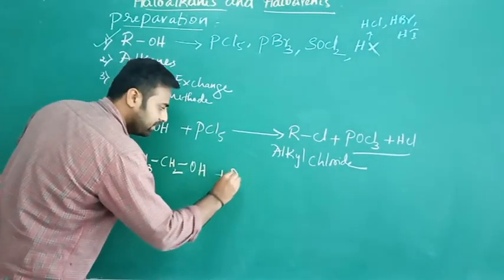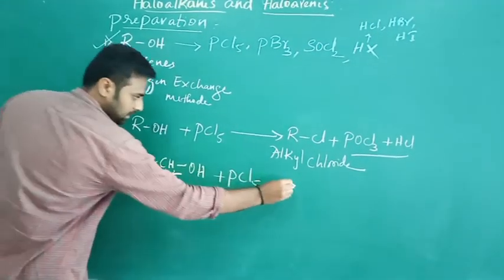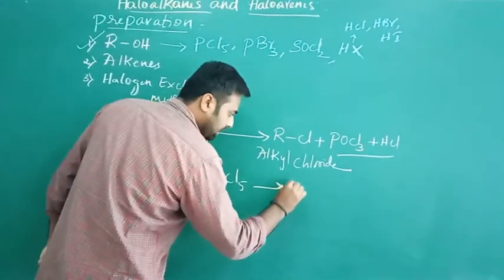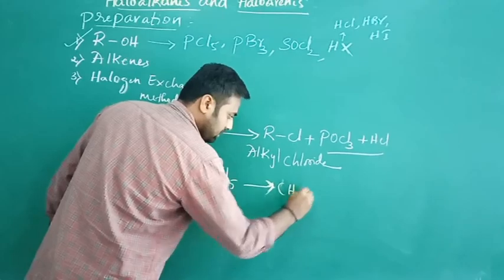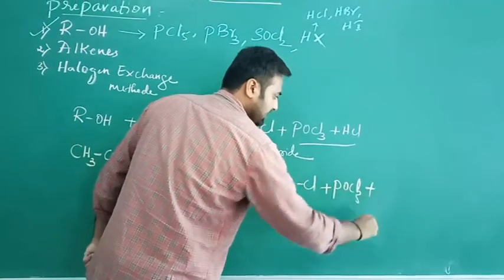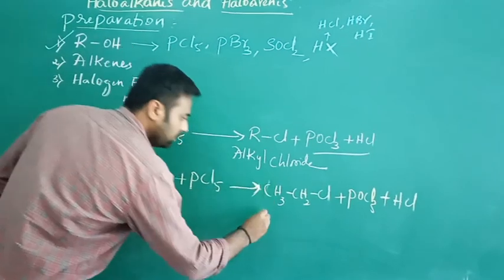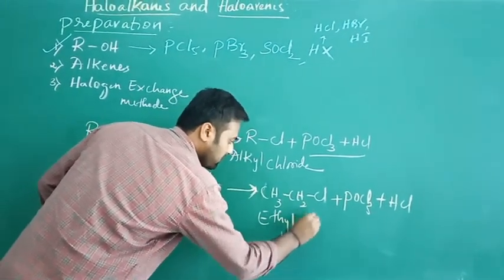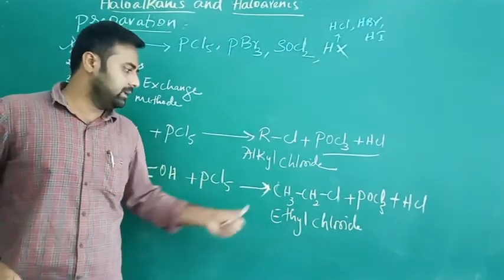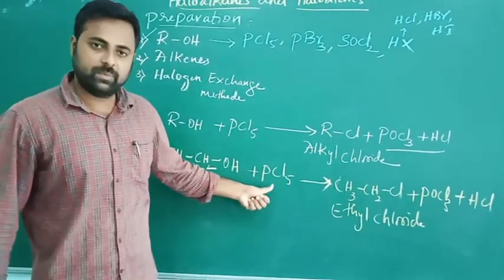This alcohol is treated with phosphorus pentachloride, that leads to the formation of, this alkyl group combines with one of the chlorines, that gives ethyl chloride, and obviously the same byproduct is produced. And this is the ethyl chloride, or simply we call it chloroethane. This is the alkyl halide produced when alcohols are treated with phosphorus pentachloride.